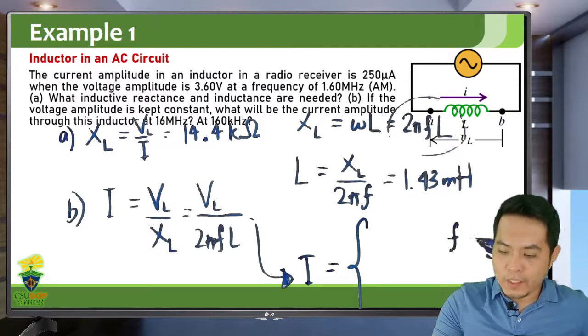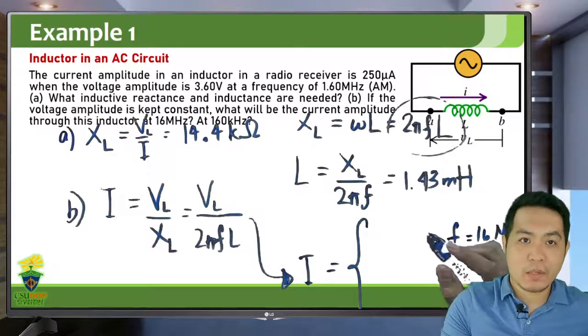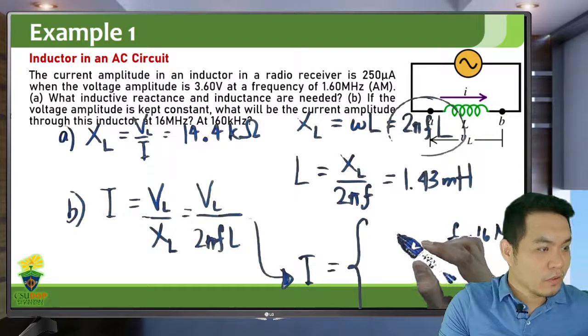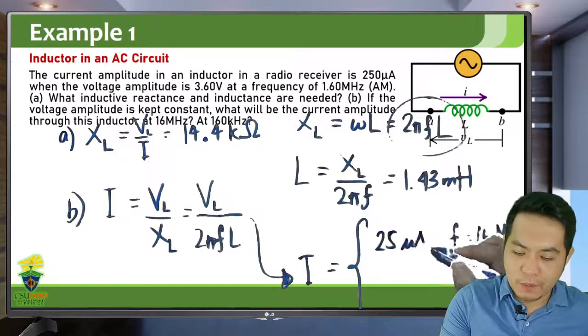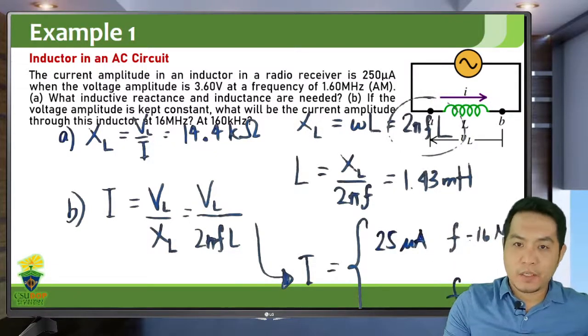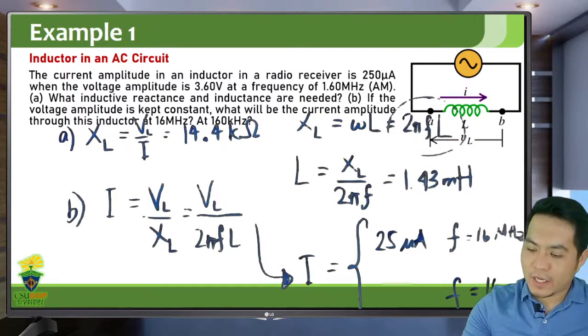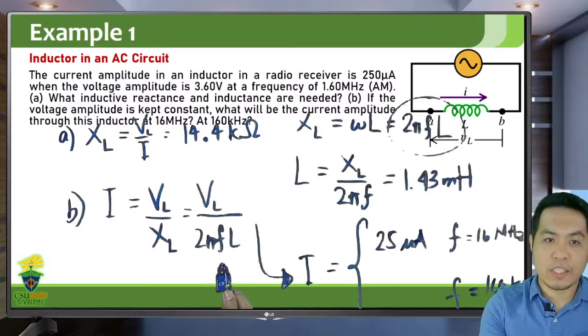For the frequency of 16 megahertz, the current is 25 times 10 to the negative 6 amperes, or 25 microamperes. And for the frequency of 160 kilohertz, you just substitute the value of f.